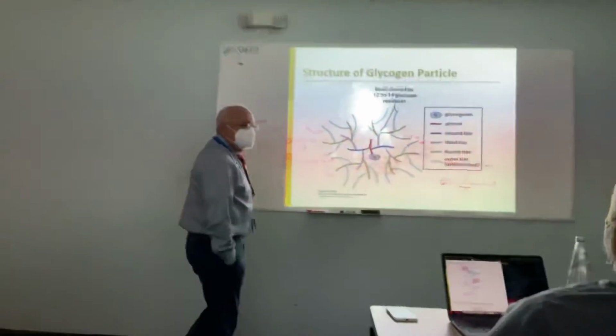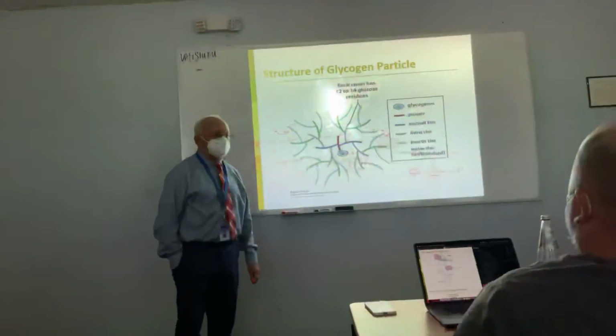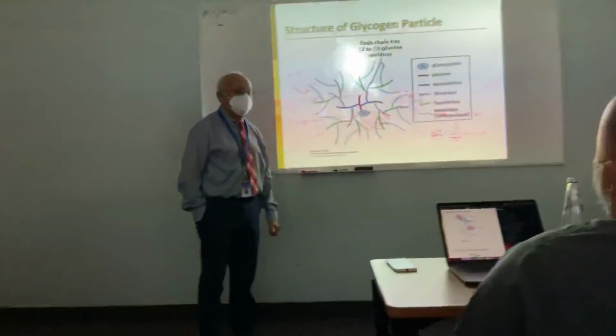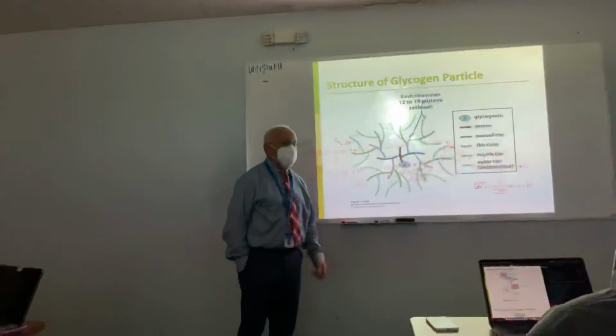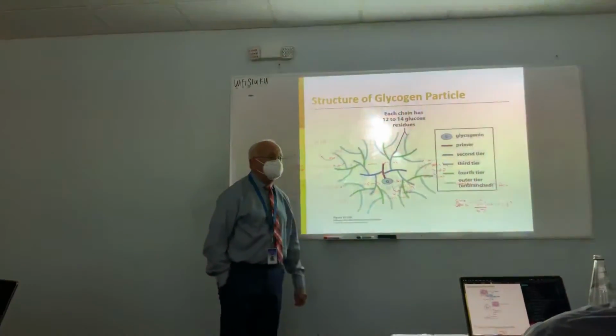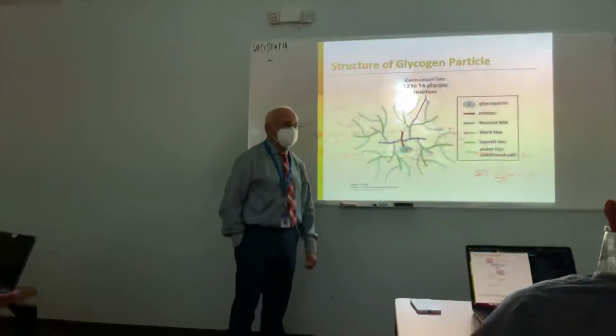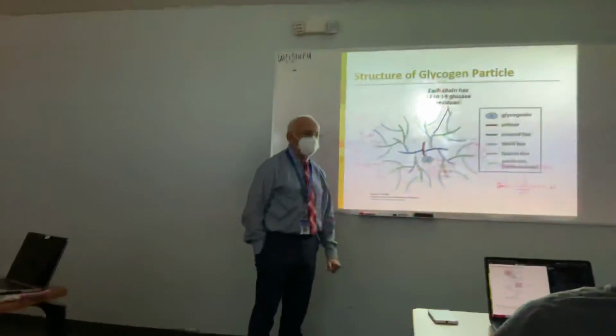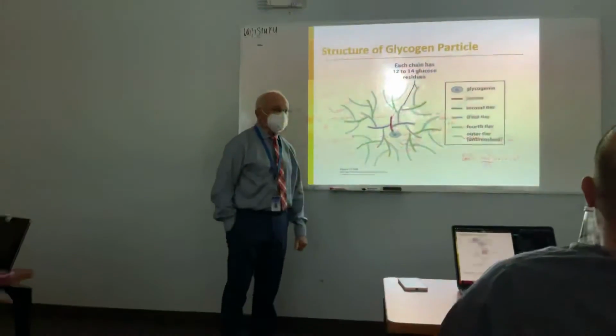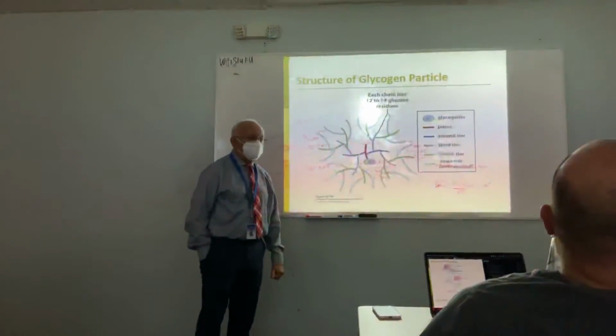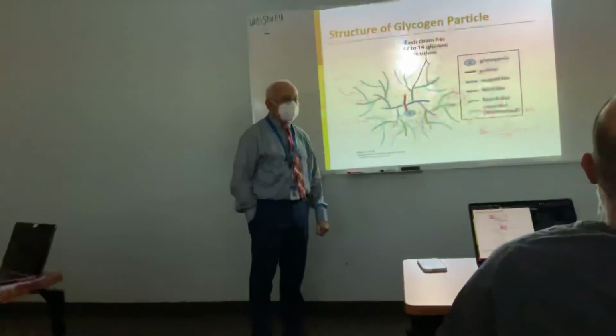My next question is probably going in another direction. If glycogen is always present, always able to start this reaction to make glucose residues, then why do we have gluconeogenesis?